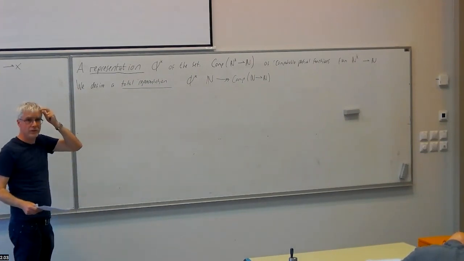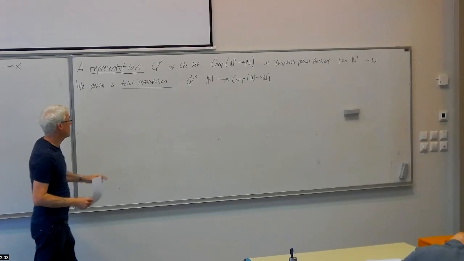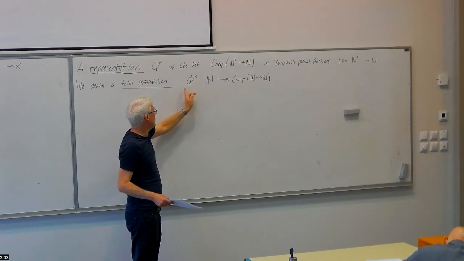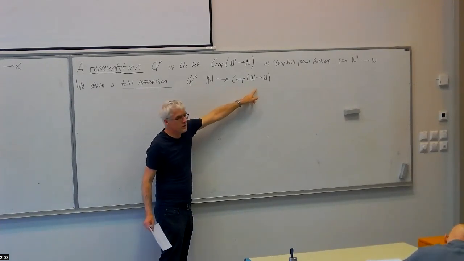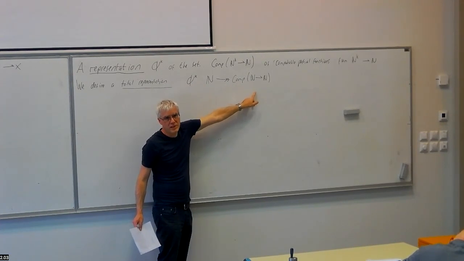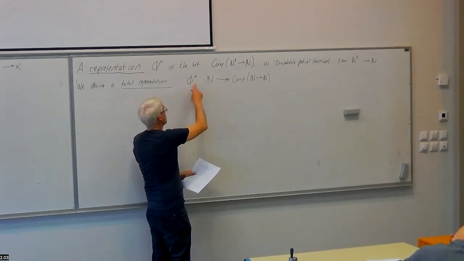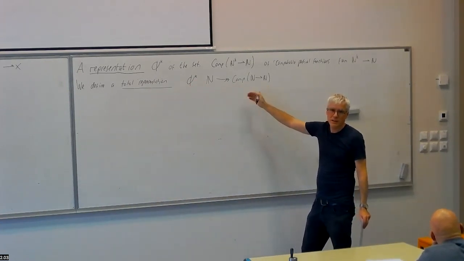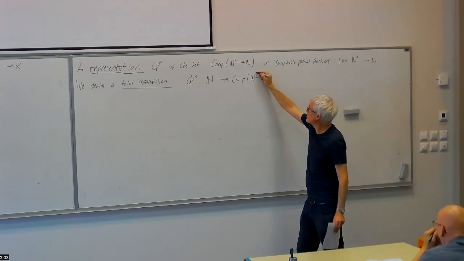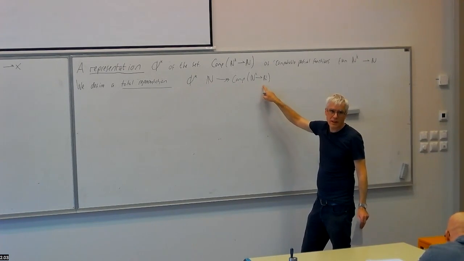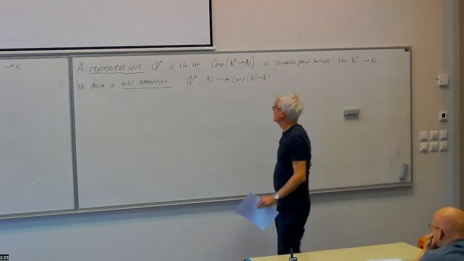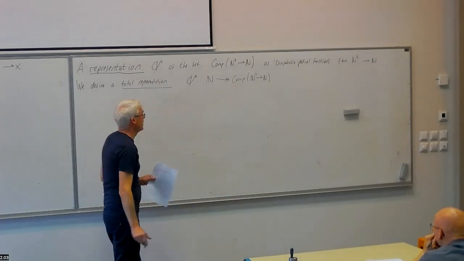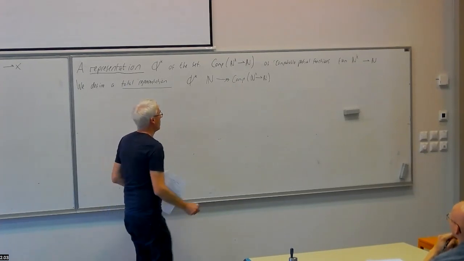So let's think what we want to do. We can think of this function here as enumerating the computable partial functions in a sequence. We've got phi superscript k applied to 0. That's the first computable partial function. Phi superscript k applied to 1, that's the second k-ary computable partial function, and so on.